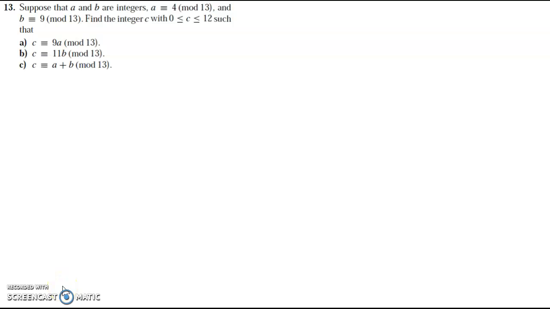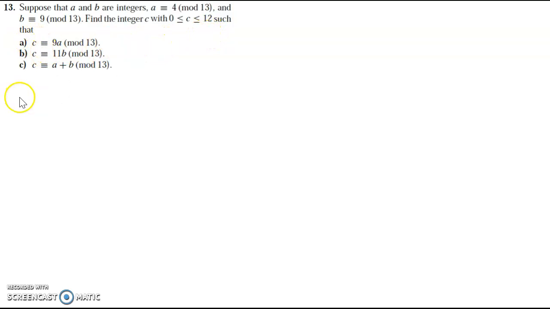All right, so I assigned 14 A through C, and very similarly, 13 A through C. I will go over this one. We have our A's and B's defined, and we have to find the C in this interval, where 0 and 12 are included.